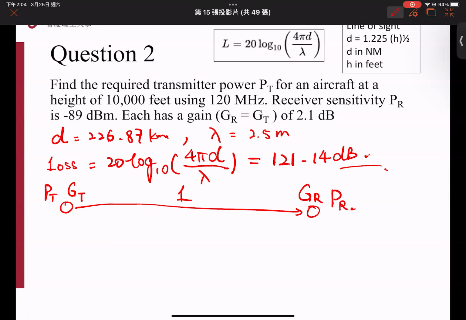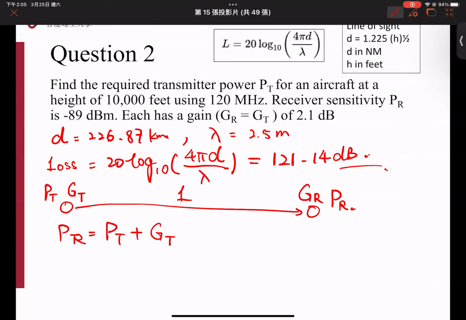So we build up the equation. The received signal is equal to the transmit power plus the gain. Because here all the units are in dB, we use plus and minus.